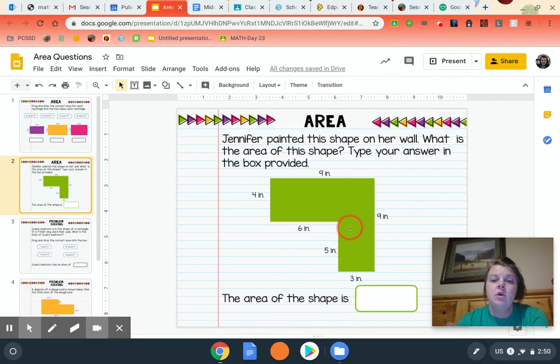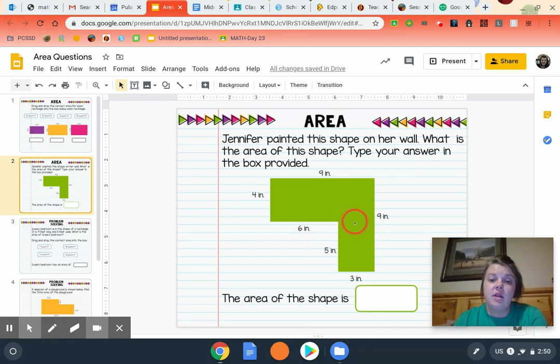Slide 2, there'll be some examples of this on the live math, but we don't have a formula to find the area of this kind of polygon. What we have to do is split this polygon into 2 rectangles. We're going to find area for rectangle number 1, area for rectangle number 2, and then we'll add them together.